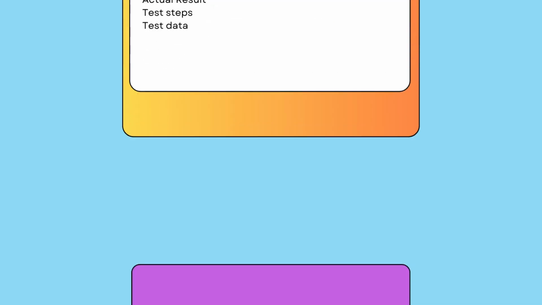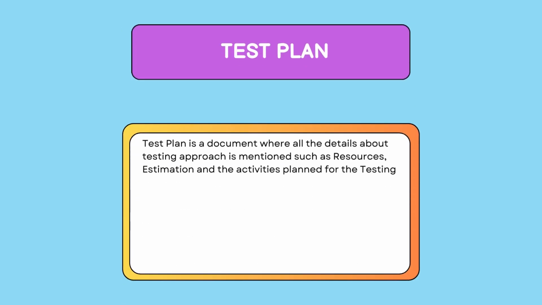So the next term is test plan. These are two different words, right? One is test and another is plan. In simple words, a plan or approach for testing is nothing but a test plan. Here is the definition. The test plan is the document where all the details about the testing approach are mentioned, such as resources, estimation, and the activities planned for the testing.